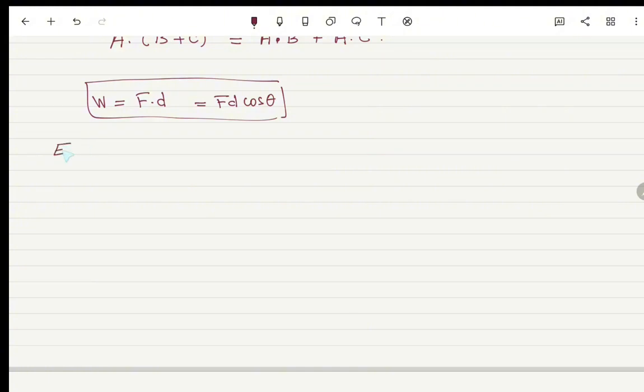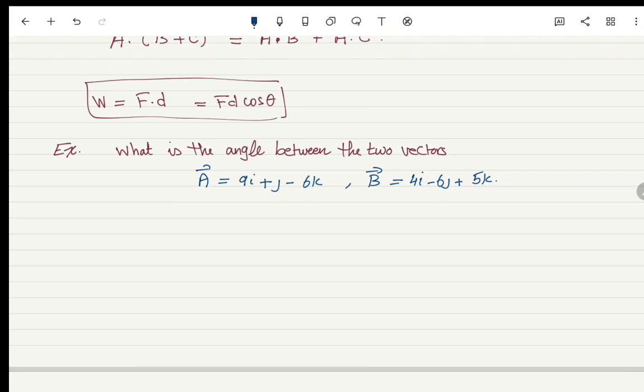Example: what is the angle between the two vectors A, 9i plus j minus 6k, and B, 4i minus 6j plus 5k? Now remember, A dot B equals magnitude of A, magnitude of B, cosine theta.